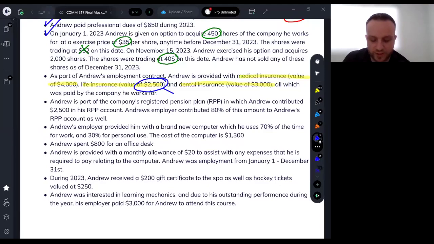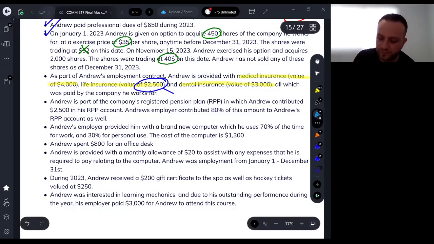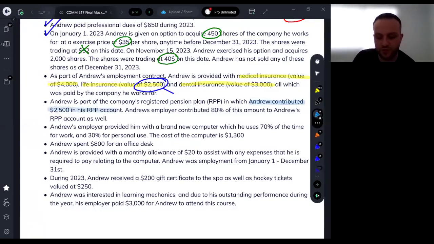Andrew's part of the company's RPP plan, in which Andrew contributed 2,500 into his RPP. Andrew's employer contributed 80% of this amount to Andrew's RPP. So Andrew put 2,500 in his RPP. What do we do with that?